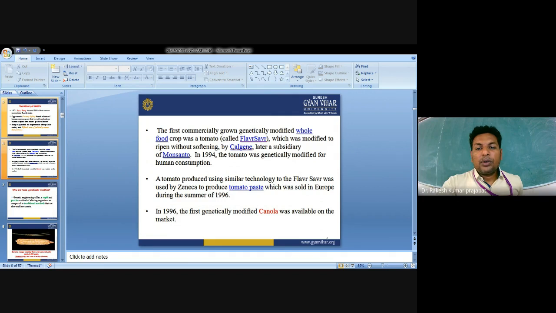This would be required for all GM products, whether they are primary or processed food ingredients, and food additives derived from a GM food, even if there are no quantifiable traces of recombinant DNA in the food product, such as refined oil derived from GM products. The requirement would be applicable to both domestically produced and imported food items. So these genetically modified crops are nothing but crops which are genetically modified.